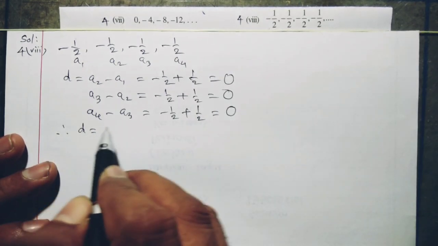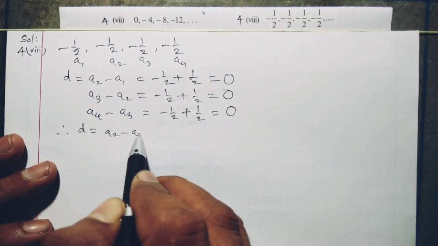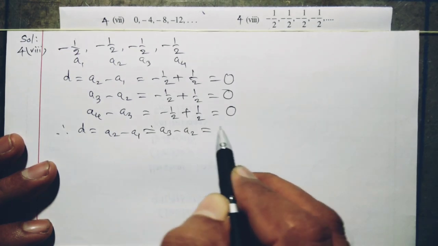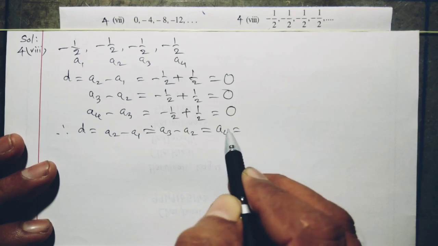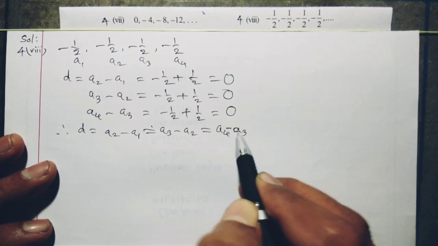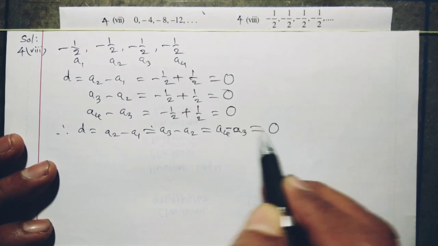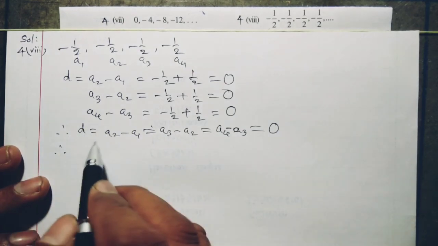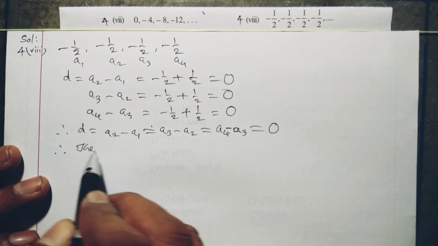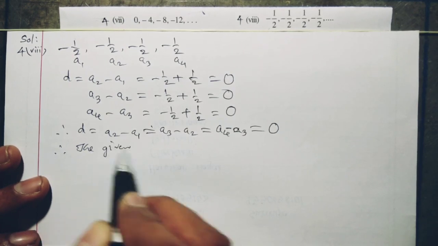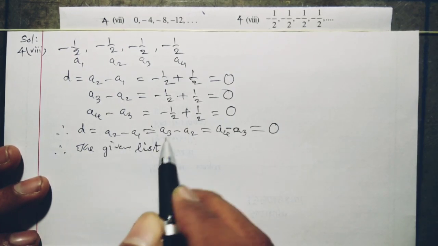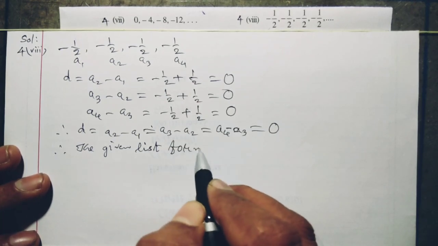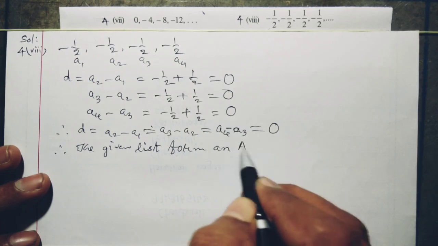Therefore common difference d is equal to a2 minus a1 is equal to a3 minus a2 is equal to a4 minus a3, which is equal to 0. Common difference 0. Therefore the given list of numbers form an AP.